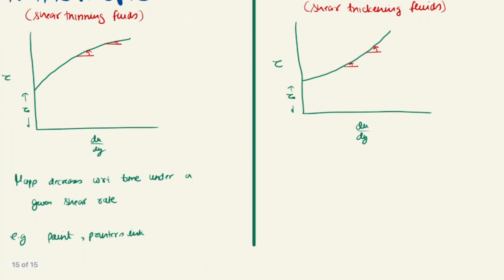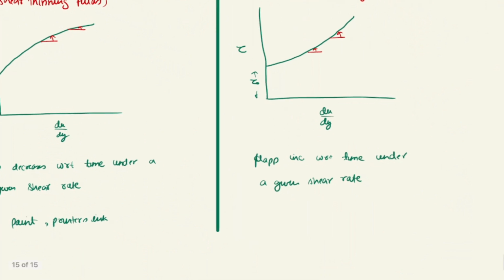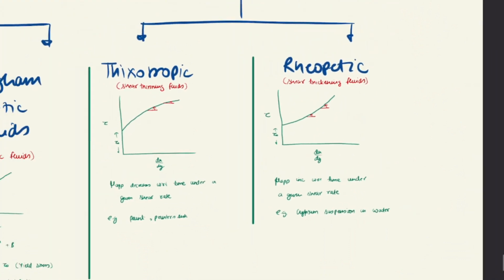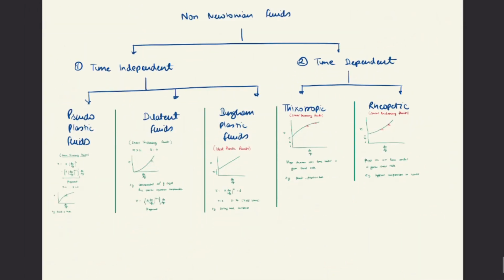So here mu apparent increases with respect to time under a given shear rate. The example is gypsum suspension in water. Okay, so this was a major classification.